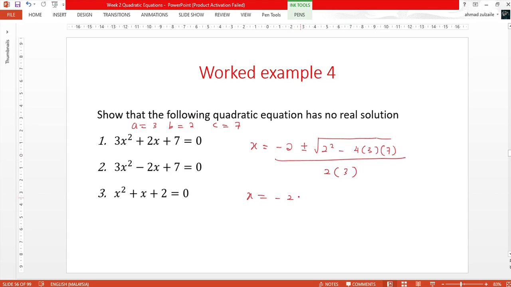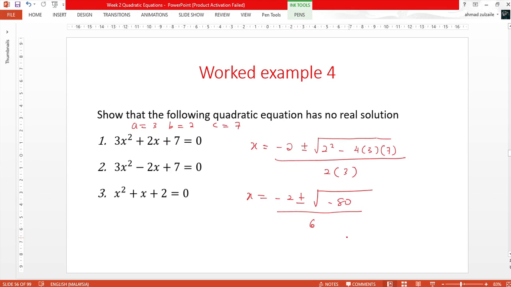You can see from here you will have a negative sign, 4 times 3 times 7. You will have the square root of -80 over 6.